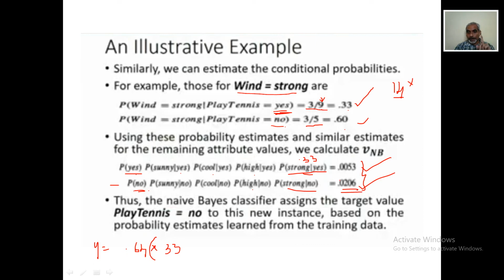So we can say that for this given new example, the Naive Bayes classifier assigns the target value play tennis equal to no, based on the probability estimates learned from the training data. This is how the Naive Bayes classifier works.